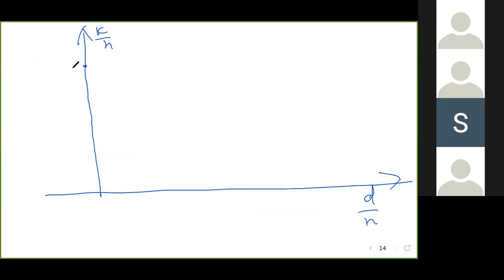So this is 1, and this is 1/2. So this is the improved Singleton bound. Sorry, this is the Singleton bound.